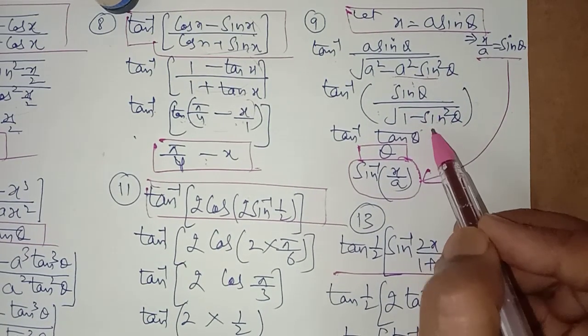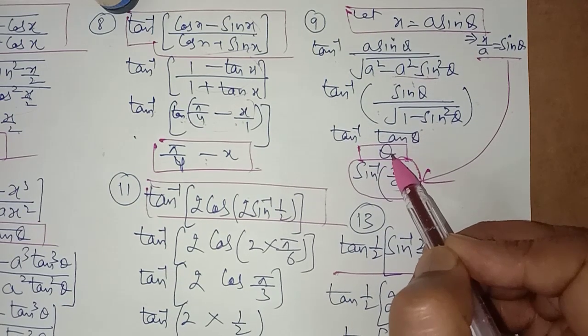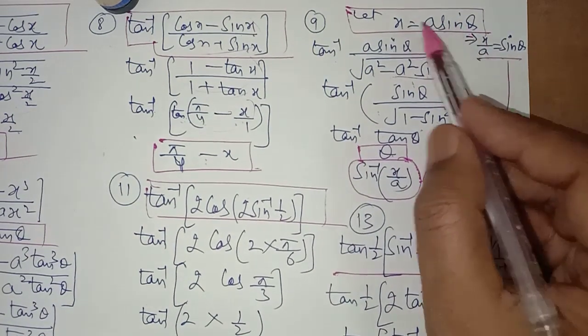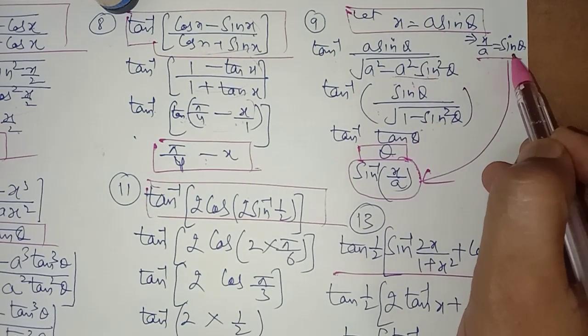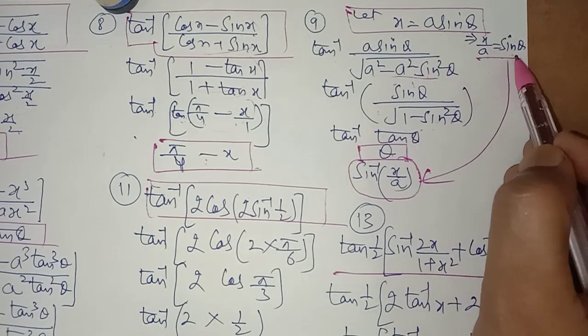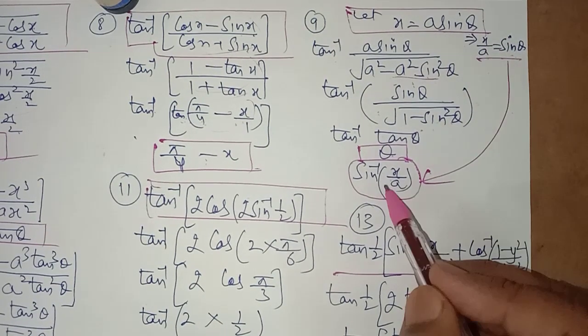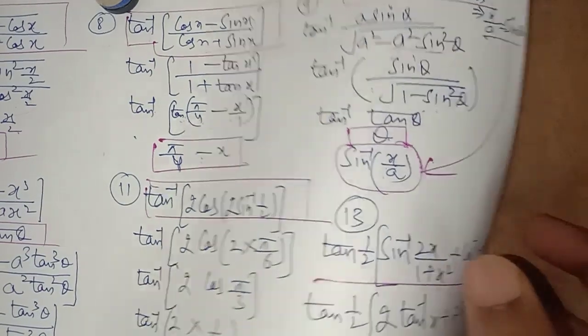So sine theta upon cos theta is tan theta. So tan inverse tan theta is equal to theta. Now you find the value of theta from here. Sine theta will be equal to x upon a, and theta will be sine inverse x upon a. Put it here. So this is the simplified form of the given expression.